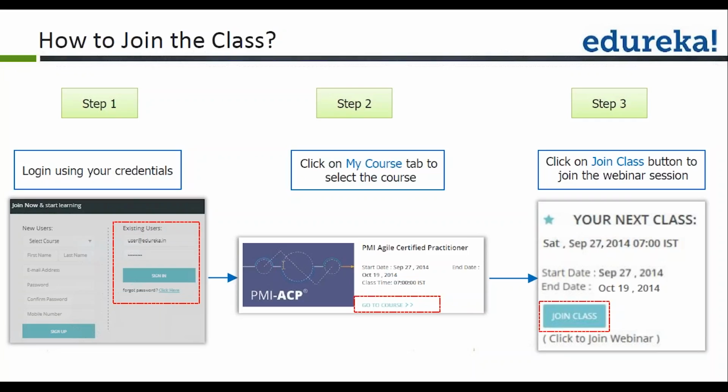PMI-ACP is essentially restricted to information technology or software engineering functions, because Agile as such is a methodology which is more prevalent in the software industry. So this certificate, PMI Agile Certified Practitioner, is targeted more at IT and software professionals, because it talks about the way in which IT projects are executed nowadays.